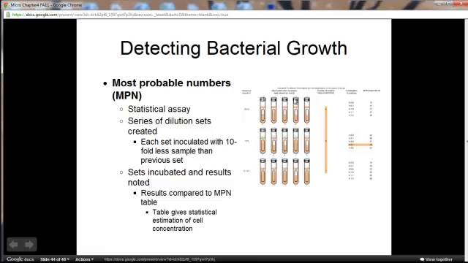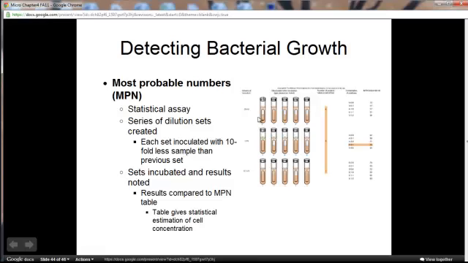So, we set up a bunch of tubes that are differential and selective for the presence of gram-negative coliforms. We set up 15 tubes and we add different fractions of your water sample to each tube.